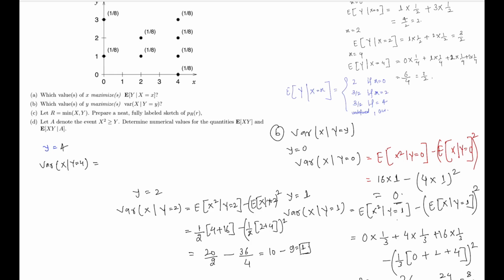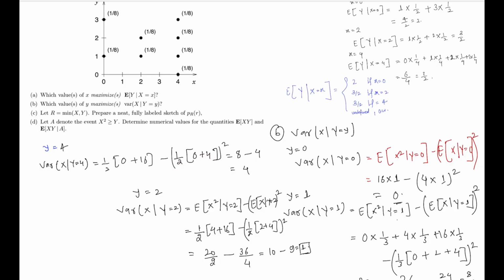So random variable x square will take the value with the probability half, 0 square, that is 0, plus 4 square, that is 16, minus half of 0 plus 4, whole square. And if you do that, what you will get is 8 minus 4, that is 4, right? I hope I am not making any mistake. So this will be 8, and 16 divided by 2 divided by 4 will be 4. So 8 minus 4 is 4.